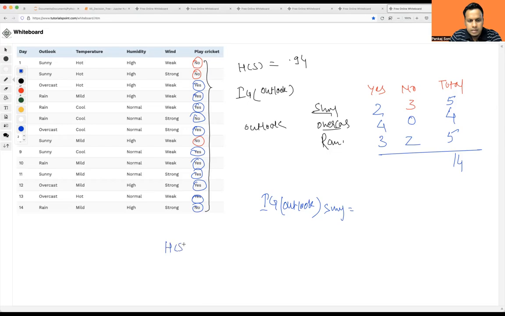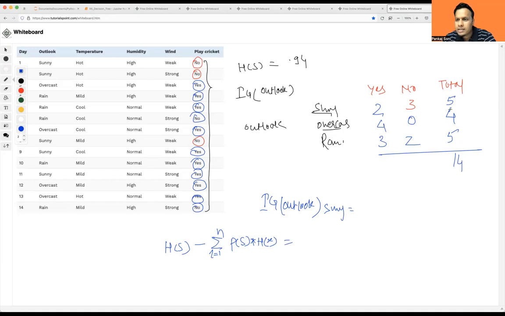H of S minus the summation of I equal to 1 to n, probability of that feature multiplied by H of that particular category X. Okay, so what is my probability?